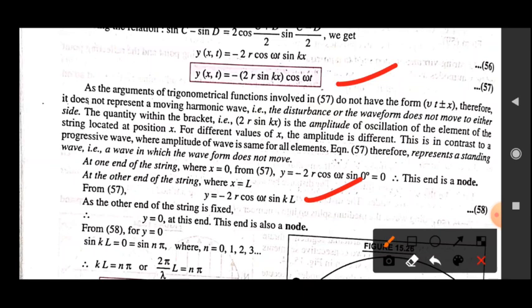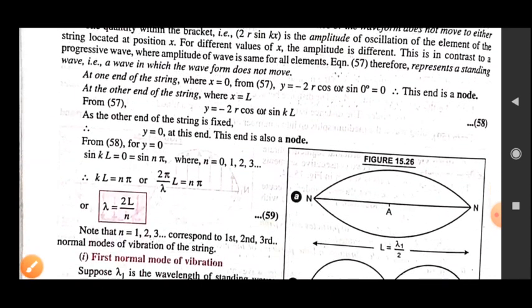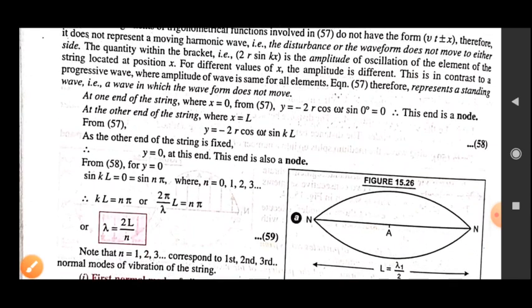If y were not 0 at end B, it would show a traveling wave and start to violate this equation. So that's why it is also the position of node. So our two ends A and B have the position of node.